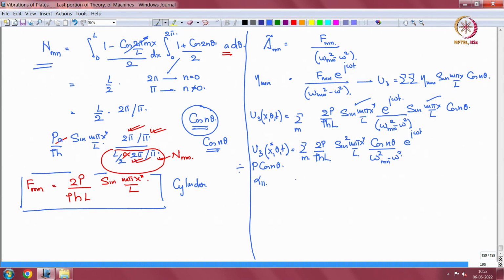So if we do that, alpha 11 becomes sigma over m from 1 to infinity of 2 by rho h L sine squared m pi x star by L, divided by omega squared mn minus omega squared. That is your alpha 11, for the cylinder.